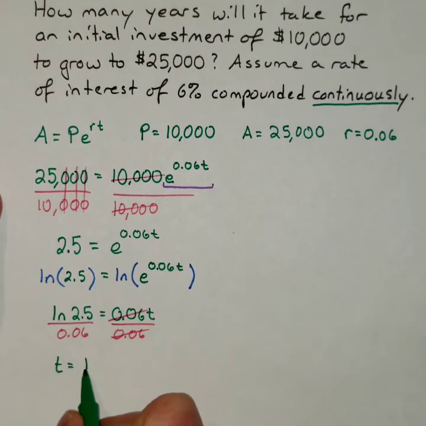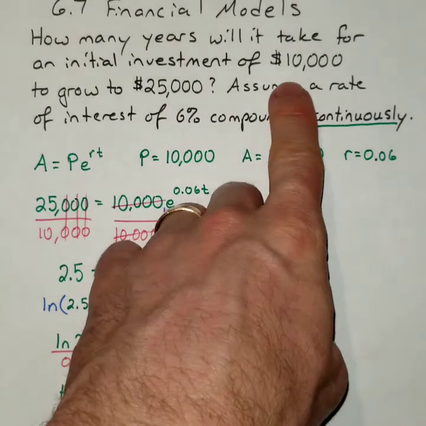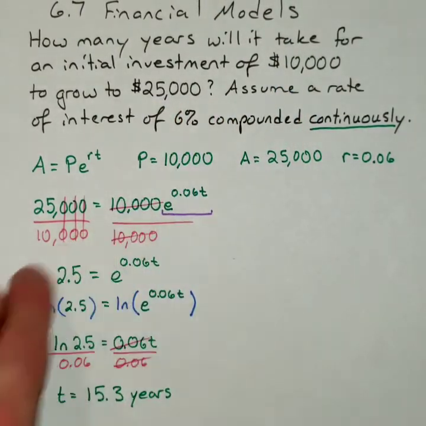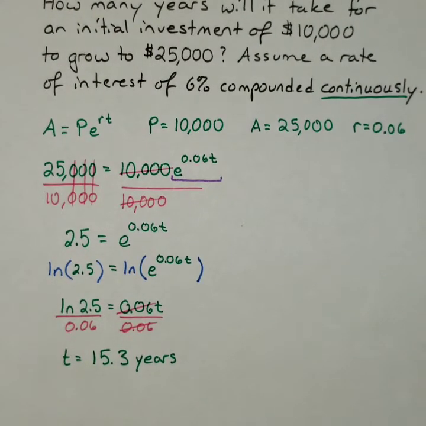So I round that to the nearest tenth. It's probably fine. So about 15.3 years. That's how long it's going to take for this $10,000 to become $25,000 at 6% interest compounding continuously. It's going to take about 15 1/3 years.